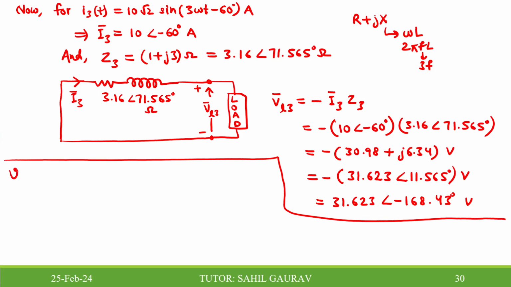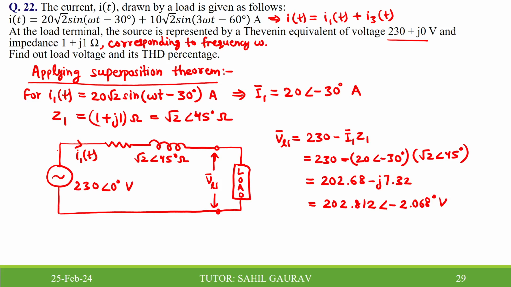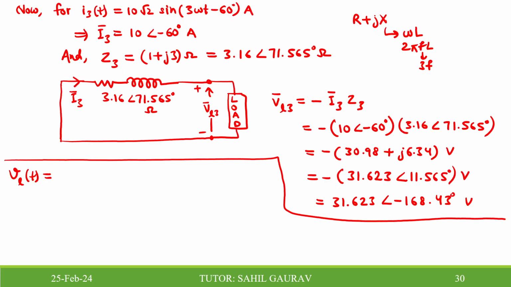So therefore we can write VLT. This is the RMS value 202.81, so you have to multiply with root 2.